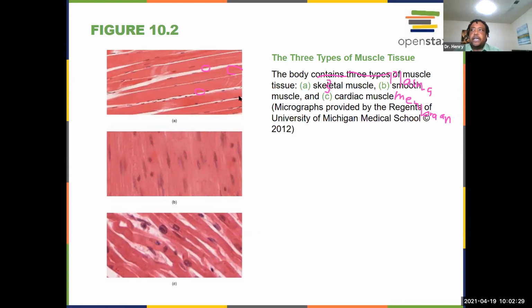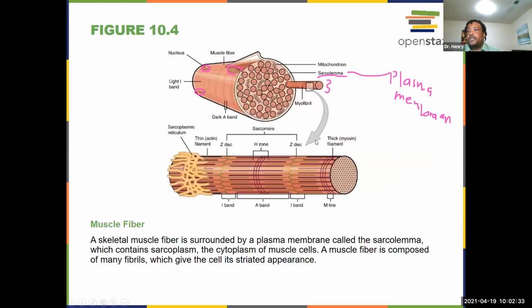So that's the striated appearance. We're going to see that appearance a little clearer here, but you can see that within that cell itself, we have the actin and myosin chains sitting there that are controlling muscle contraction.